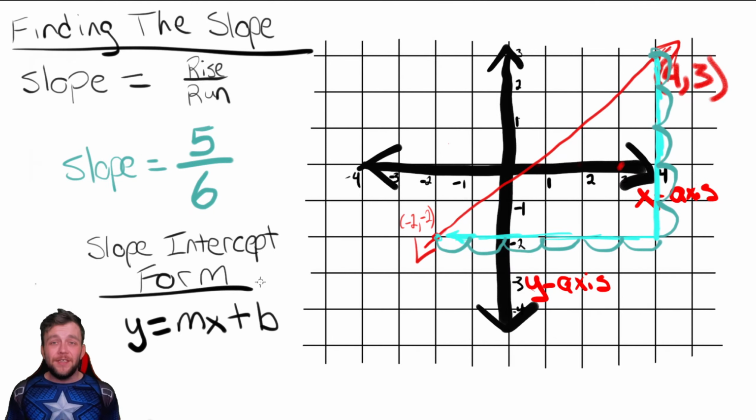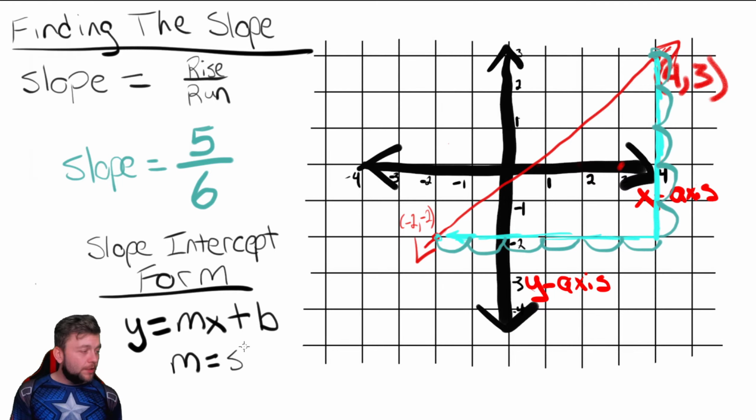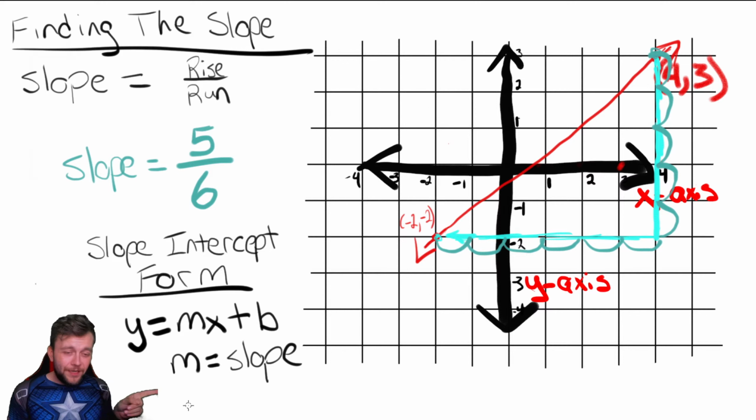If you can recognize some of the things in your equation, that would be the y and the x, right? Well, what is the m? What is the b? So we will write m equals the slope, and b, I'll put it right here, b equals the y intercept.